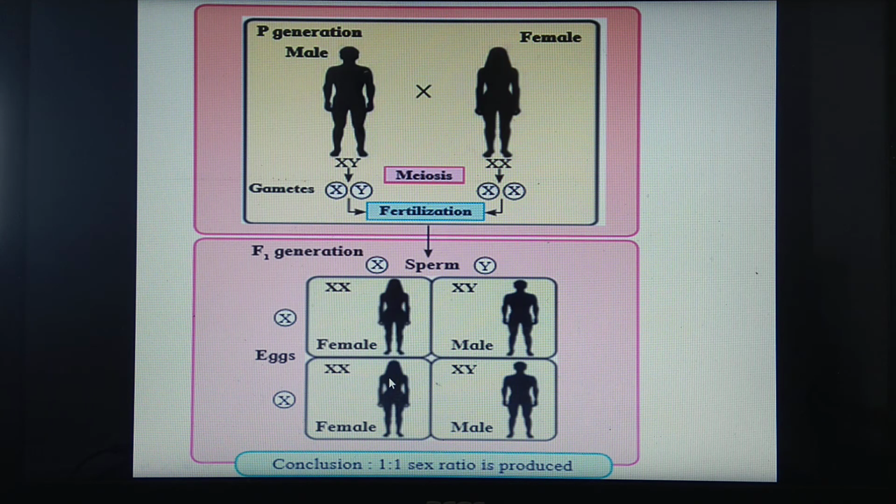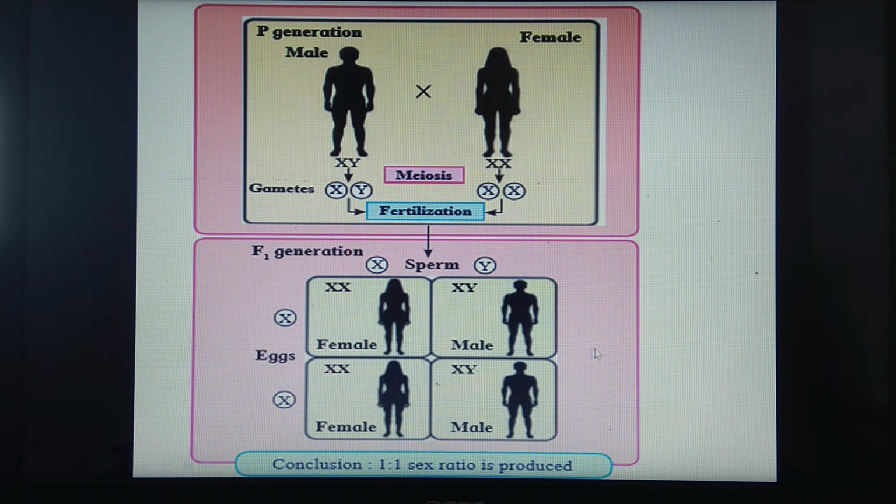From this result we can conclude that sperms are heteromorphic or the male sex is heterogametic, producing X and Y type of gametes, and this Y containing sperm decides the sex of an individual. Hence we can say that father is responsible for determination of sex of child and not the mother.